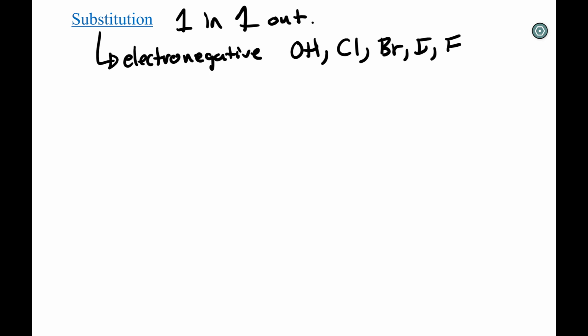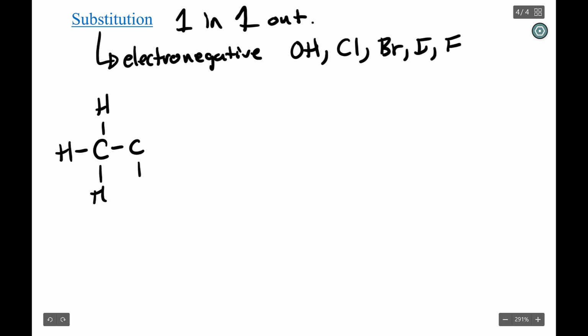Essentially what you would have is a compound. I'm going to start with ethane, which is a saturated alkane. And you would react it with likely a halogen. So let's say we'll use Cl2, and I'll write it as ClCl.